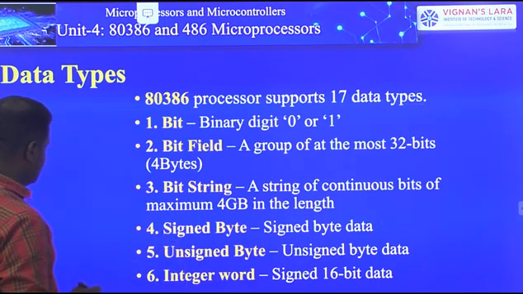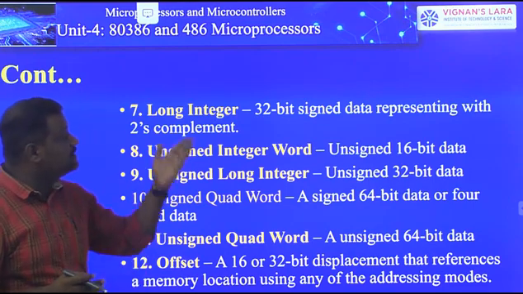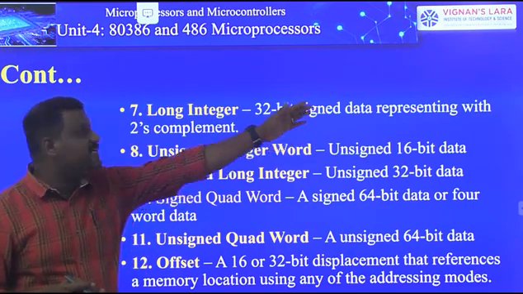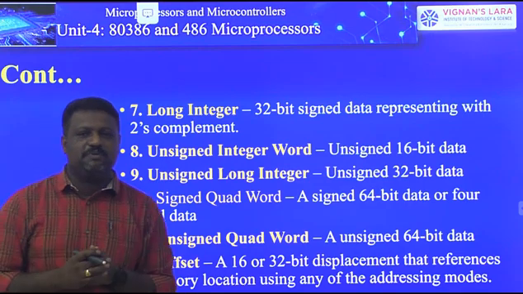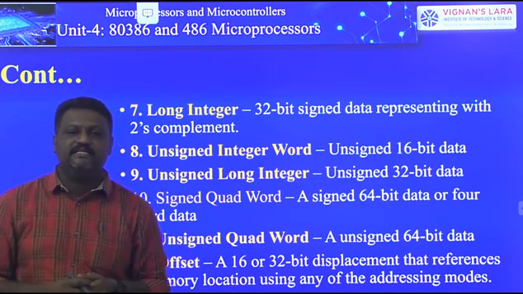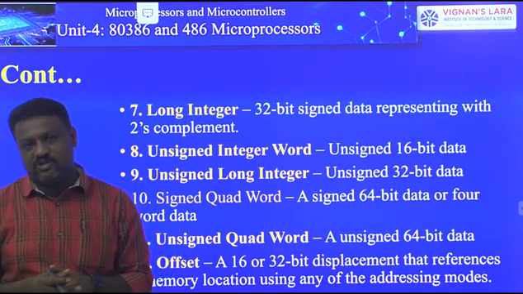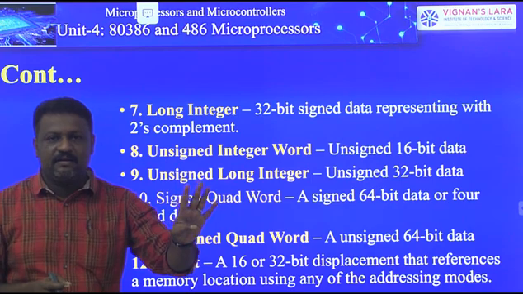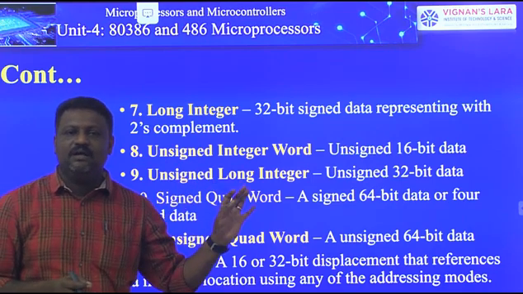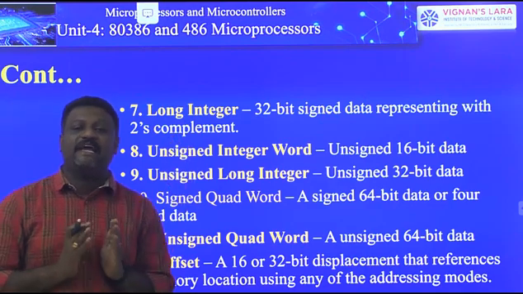And coming to the next, the seventh data type is long integer. It is nothing but 32-bit signed data represented with 2's complement. So whenever you find a sign, that indicates the number is represented by using 2's complement. So signed byte, and the previous case is signed word, and now we are seeing long integer. All these are signed numbers.